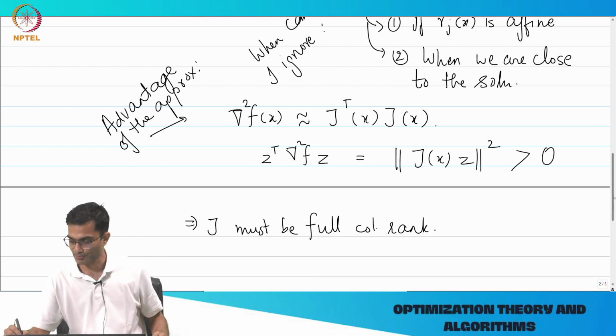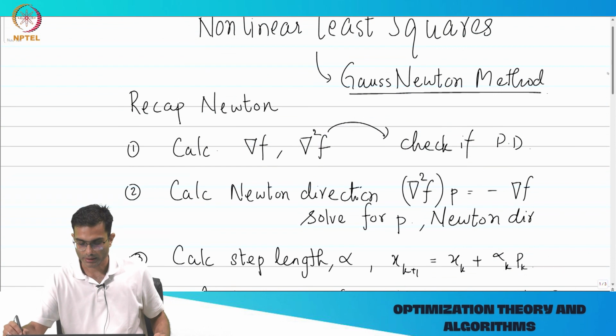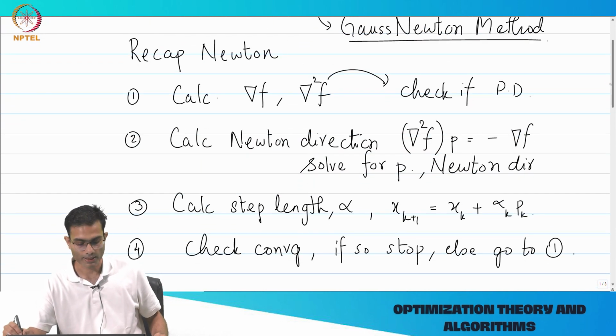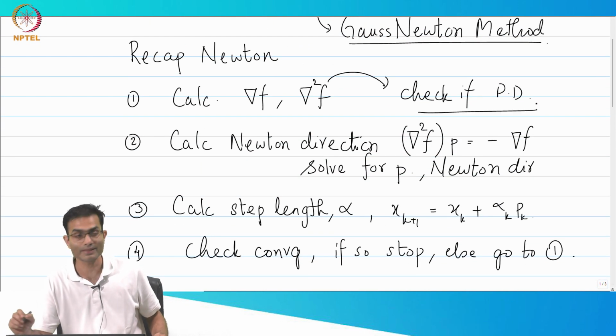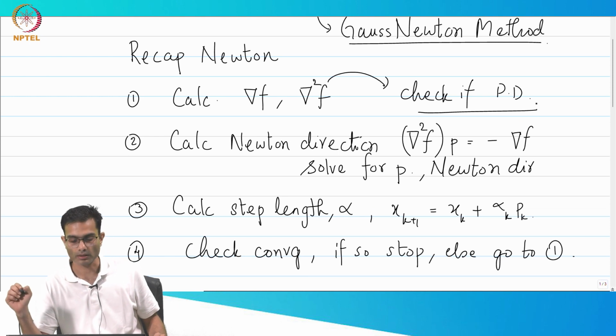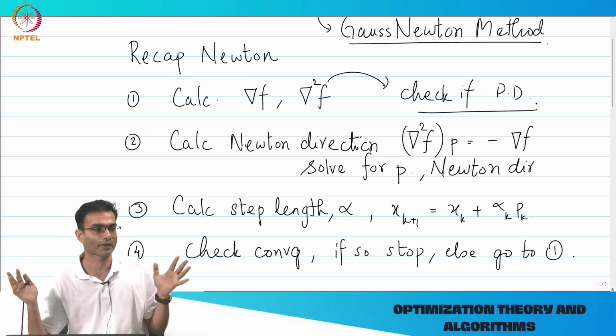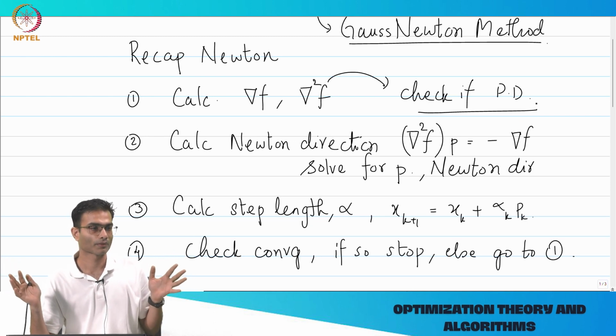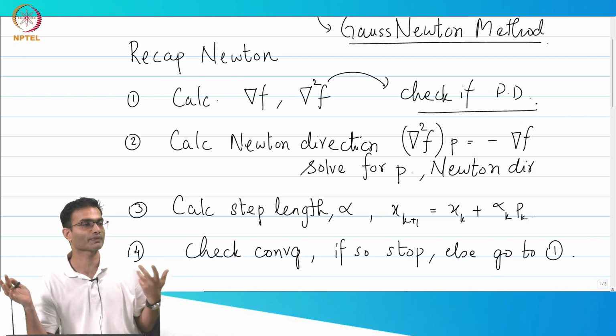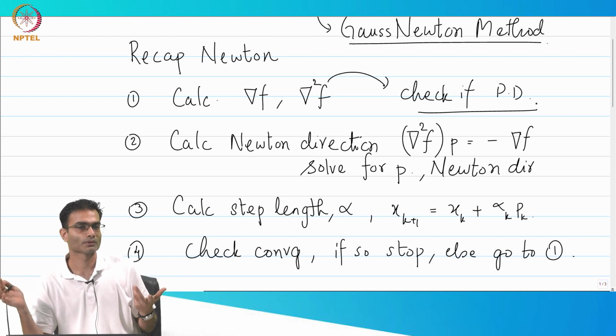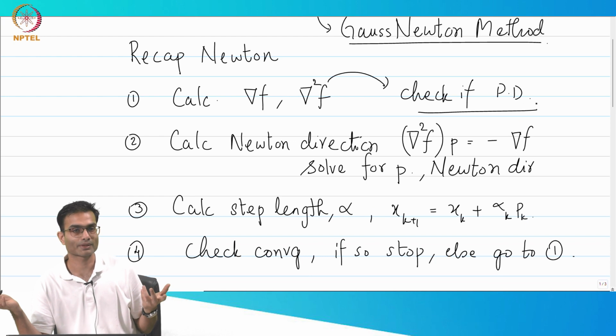Remember, in our original Newton method, I had to check at each step if my Hessian was positive definite, and in general, if I give you some function del squared f, it's not an easy thing to check. If you didn't know anything, how would you check whether a matrix is positive definite? You would have to, for example, calculate the eigenvalues.